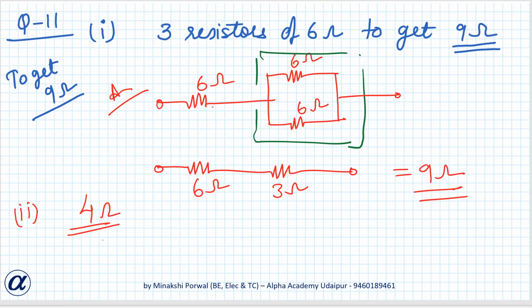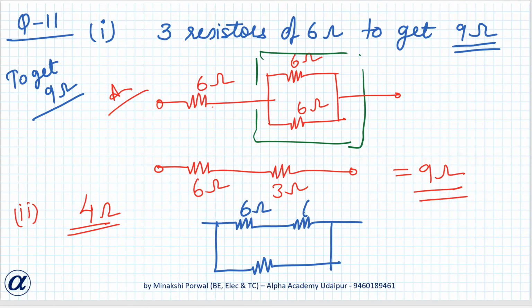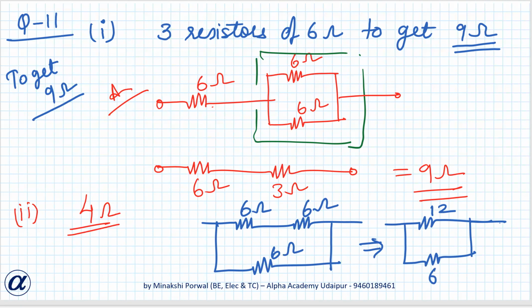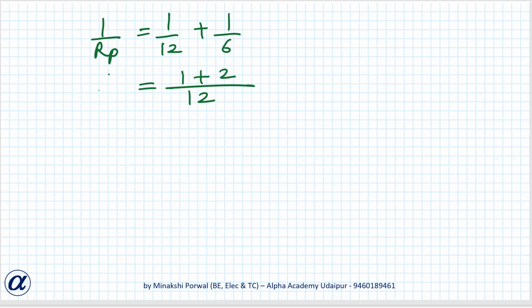So for 4 ohm, we will connect two 6 ohm resistors in series and connect one 6 ohm in parallel with them. 6 and 6 first of all will be 12, and 12 and 6 in parallel. 1 by Rp equals 1 by 12 plus 1 by 6, that is equal to 1 plus 2 over 12.